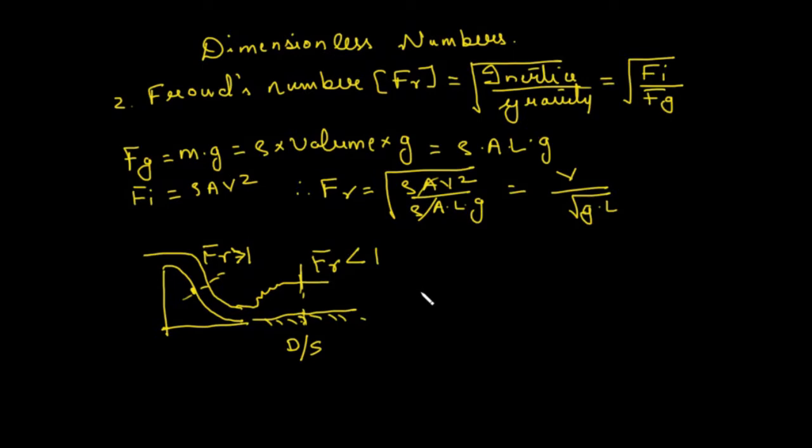So in open channel flows, Froude number plays an important role and it governs the flow, and you can actually classify the flow as supercritical, subcritical and critical.